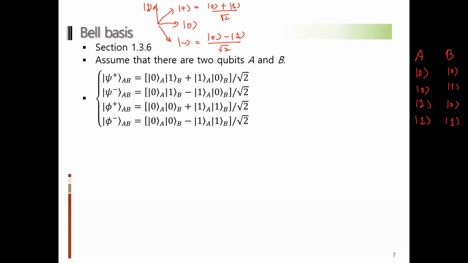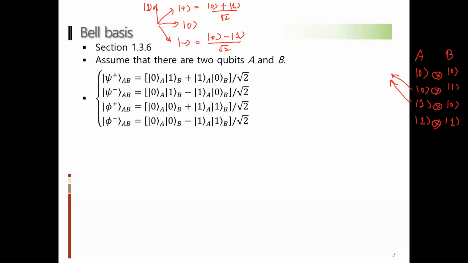So one thing we can consider is that these four tensor product vectors are also orthogonal to each other. In this case, we can first think about combining these two orthogonal bases.